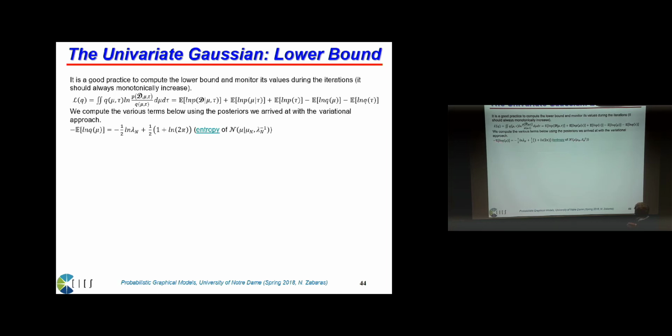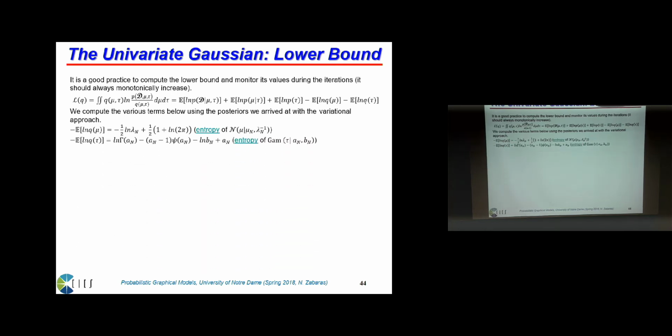Obviously there is no tau here, so the expectation was with respect to mu and tau, but this now becomes the expectation with respect to mu. So really, what you have here is nothing else but the entropy of this Gaussian distribution. You can look in Wikipedia for the entropy, there's the answer.